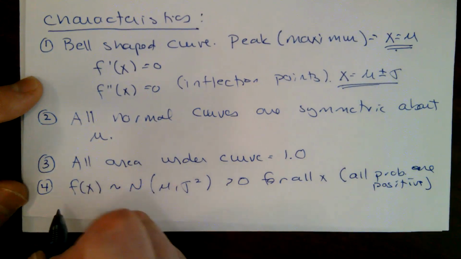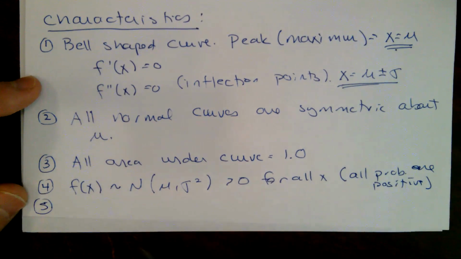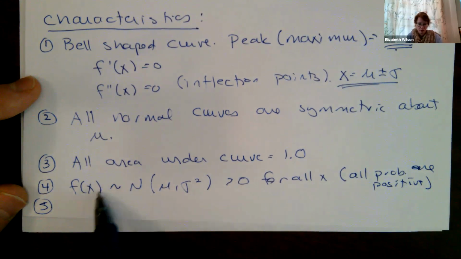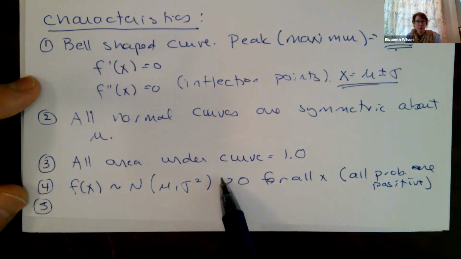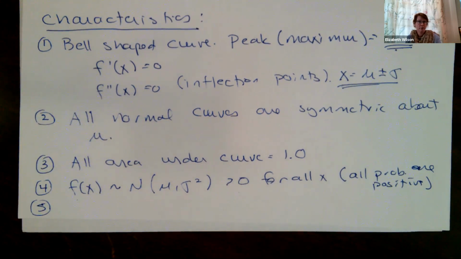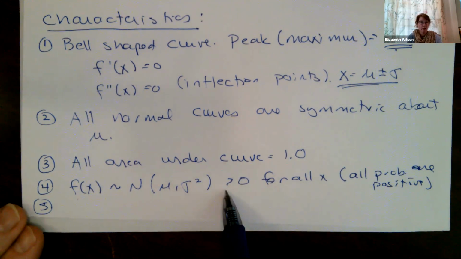N means normal, right? So our function is normally distributed with mean mu and variance sigma squared. All of these values within our probability density function have to be positive. The normal curve actually is asymptotic along the x-axis, so technically this isn't greater than or equal to 0.